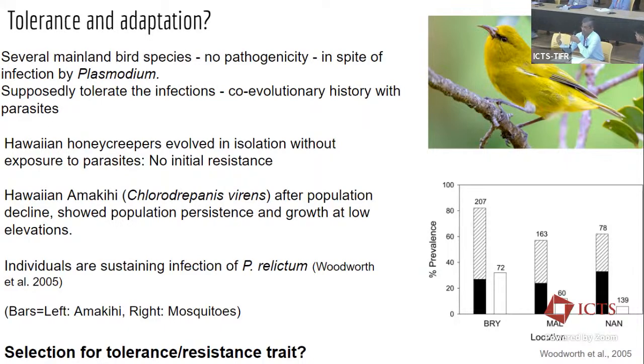Right. So it supports coexistence. Yes, and it always ensures that the host survives. In spite of that, it also allows the parasite to be present there without much damage.